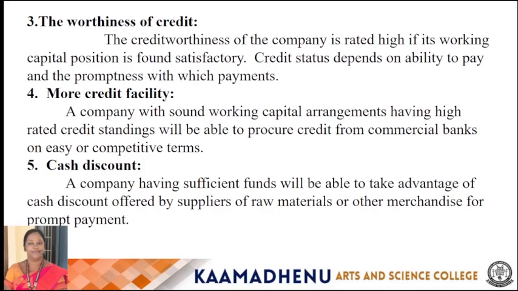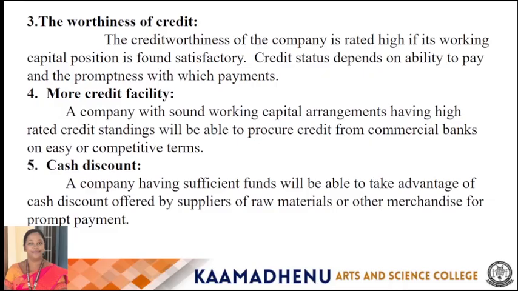Third one is the creditworthiness. The creditworthiness of the company is rated high if its working capital is found satisfactory. Credit status depends on the ability to pay and the promptness with which payments are made in time. Fourth one is more credit facility.